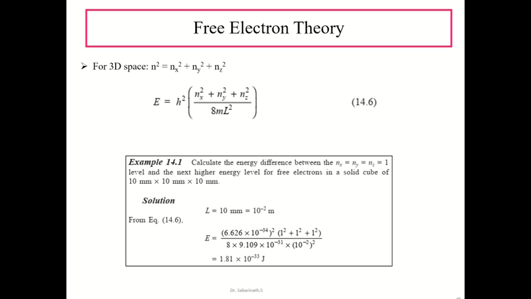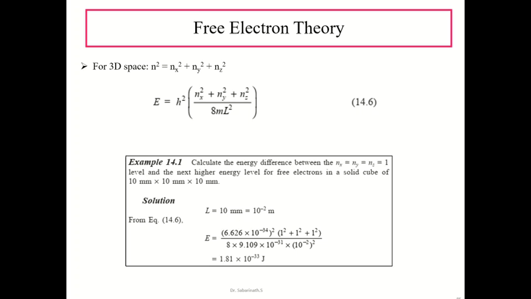Okay, so in 3D solids, the free electrons can move in any direction of space. So the quantum numbers nx, ny, nz will be there corresponding to the 3 coordinate axes, and we can replace n square as nx square plus ny square plus nz square.